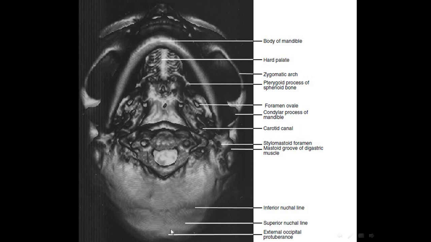This is the external occipital protuberance. This is the carotid canal, foramen ovale, condylar process of the mandible, and this is the zygomatic arch. This is the body of mandible, U-shaped, and this is the hard palate.